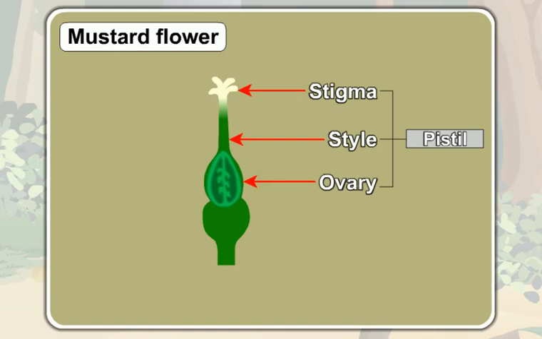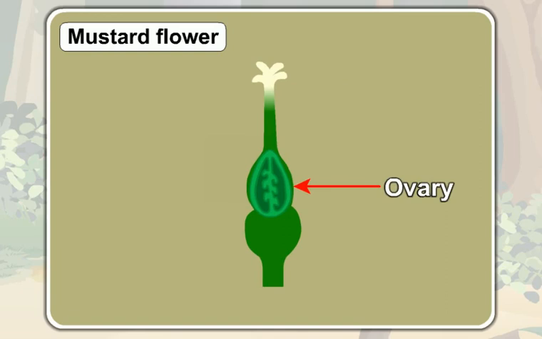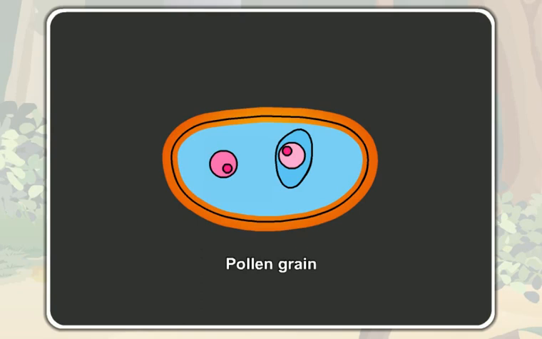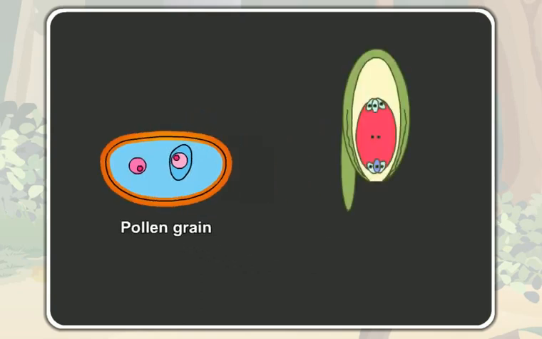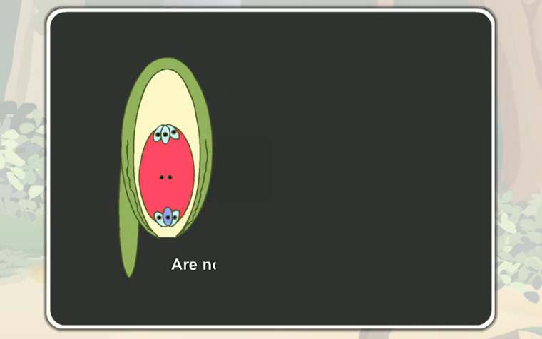Now have a look at this ovary. It has small bodies inside it. These bodies are known as ovules. Like a pollen grain, an ovule also produces reproductive cells. But these reproductive cells are not the male gametes.